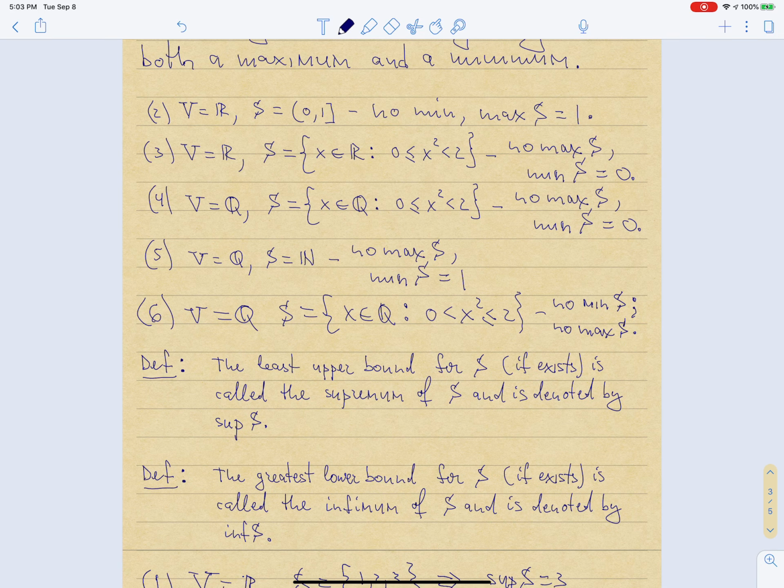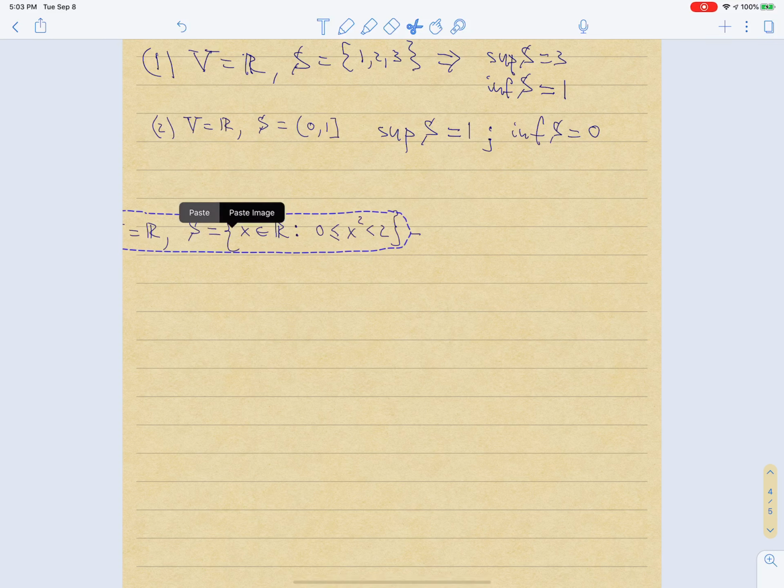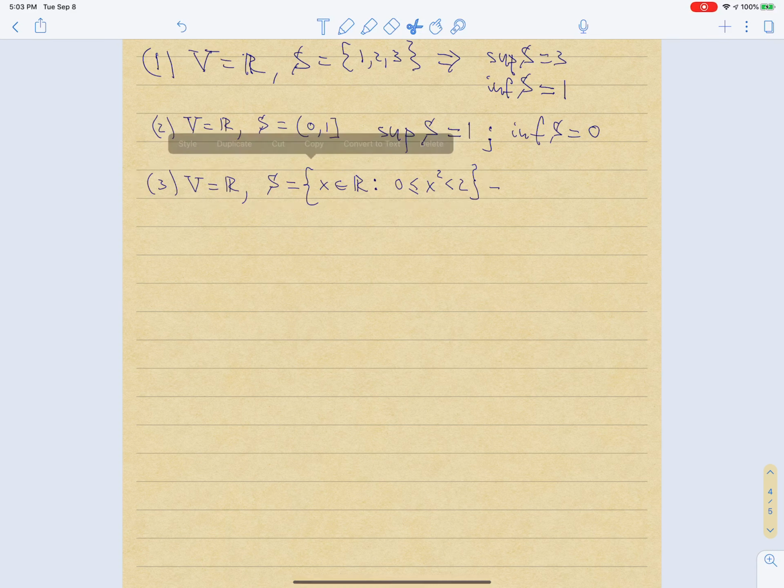Number 3. So let's see what happens to number 3. So here we had minimum 0 and no maximum, because the maximum would be when x squared equals 2, but 2 is not included.